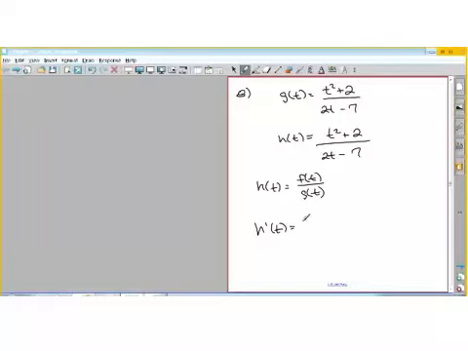Because it's the same kind of thing as the product rule, except there's a subtraction involved. And I think, if I remember it correctly, I'll have to just check, but I think the first term involves the derivative of the numerator. Then you multiply it by the denominator, and then you subtract the other one, g prime of t. So you switch those. If I put a plus here, it would be the product rule, but then you divide it by g of t squared.